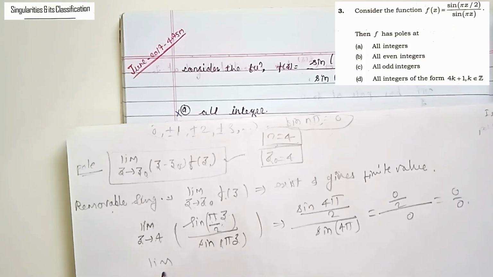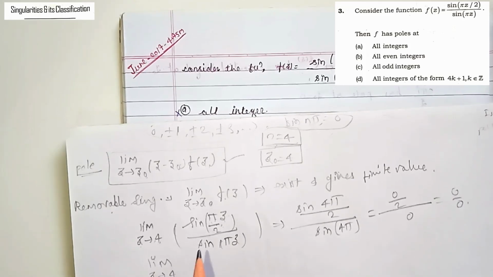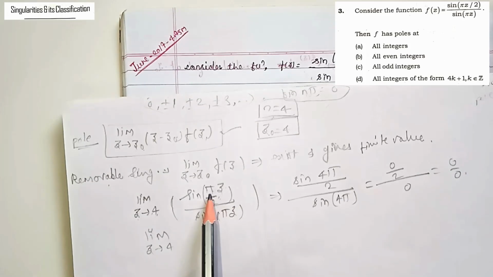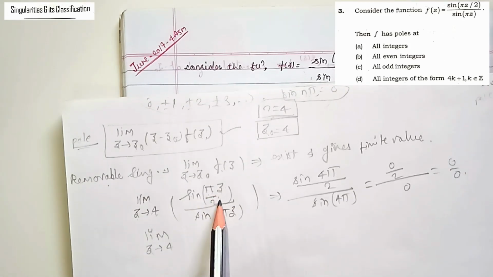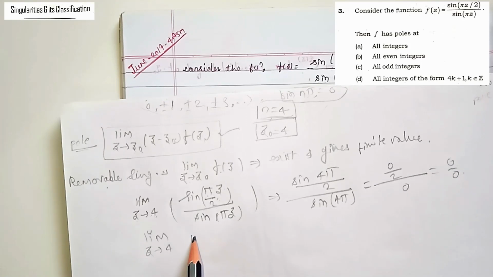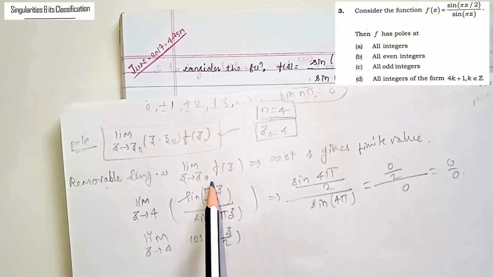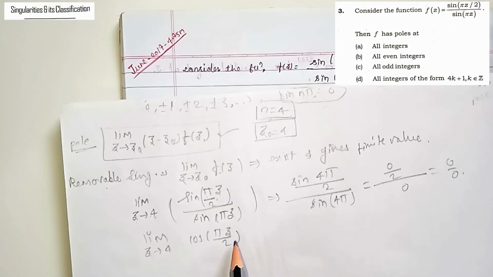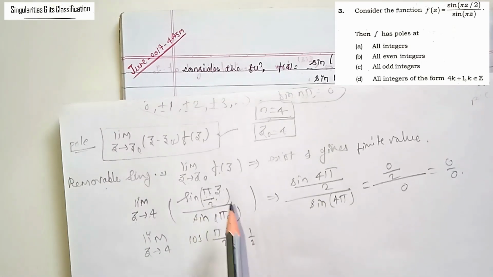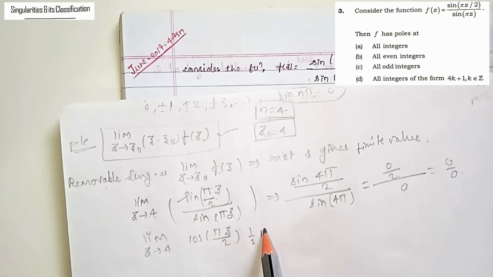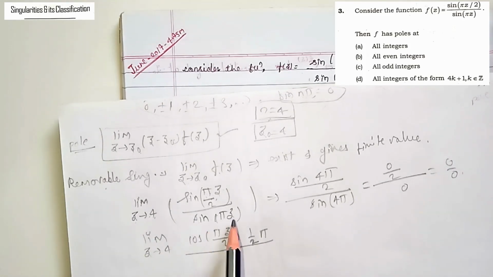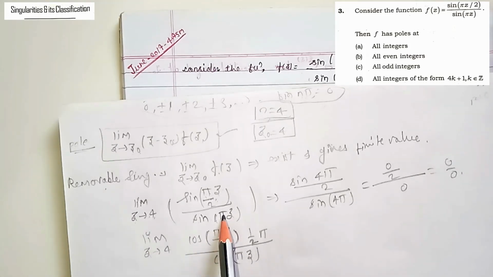So the limit as z tends to 4 of sine pi z by 2: the differentiation of sine x is cos x, so cos of pi z by 2 into the differentiation of pi z by 2, which is 1 by 2 with the constant out, and the differentiation of pi z with respect to z is pi. Divided by the differentiation of sine pi z, which is cos pi z into pi.